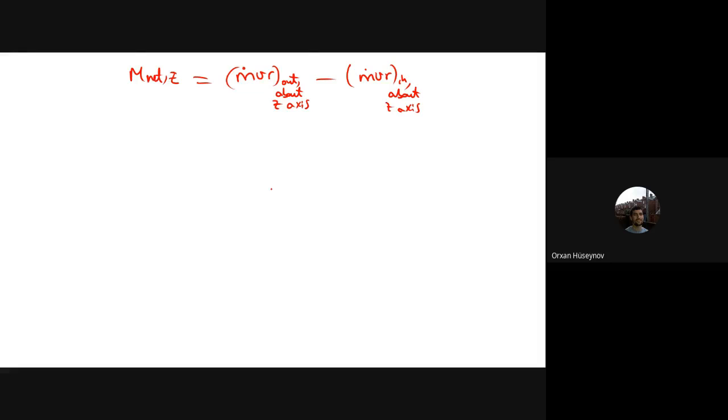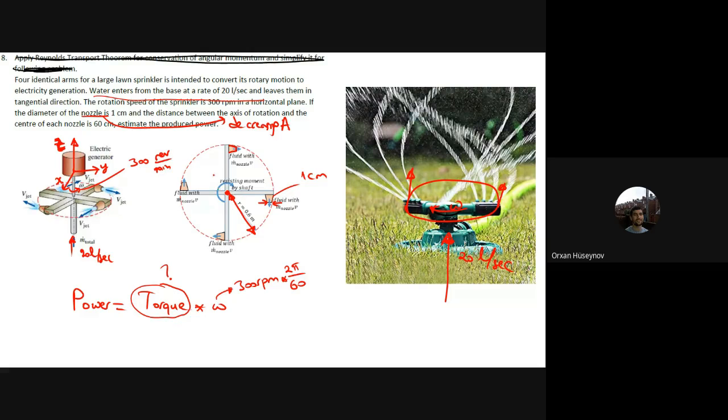Good. So I select my control volume. The control volume is this one. You can notice it here. This includes the sprinkler arms as well as the sprinkler nozzles.